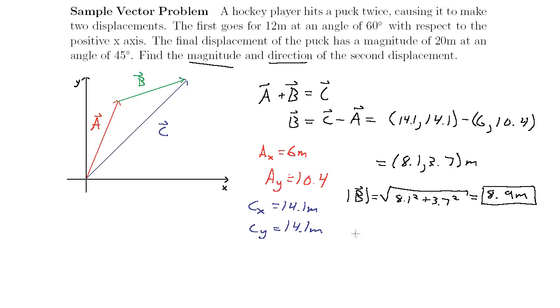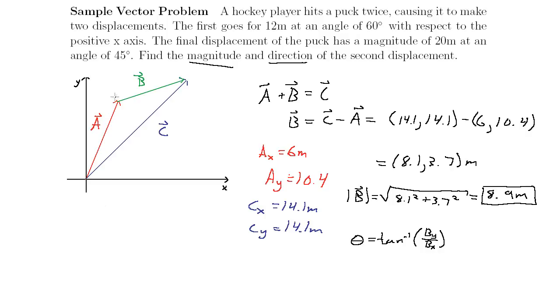And then the angle, theta, we have the formula that this angle will be the inverse tangent of the y component over the x component. Now, how do we know this? Let's draw a little triangle over here to remind us.